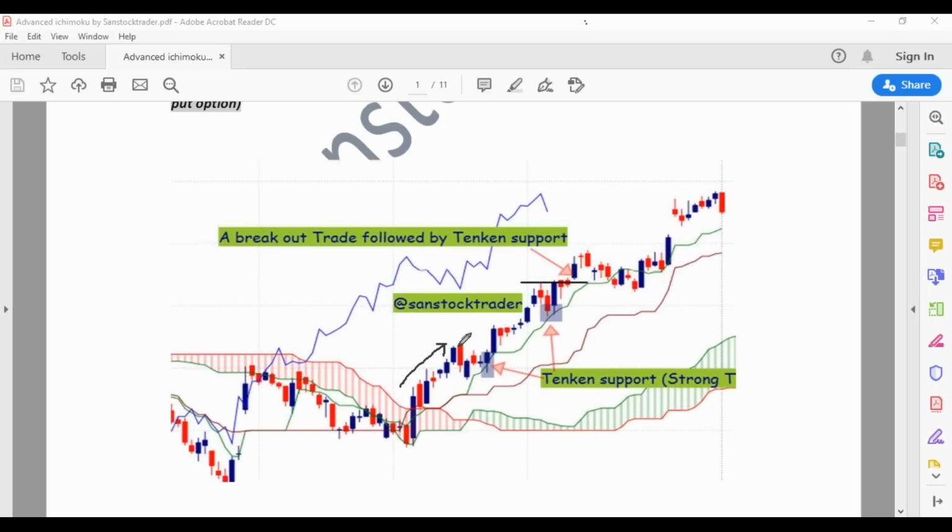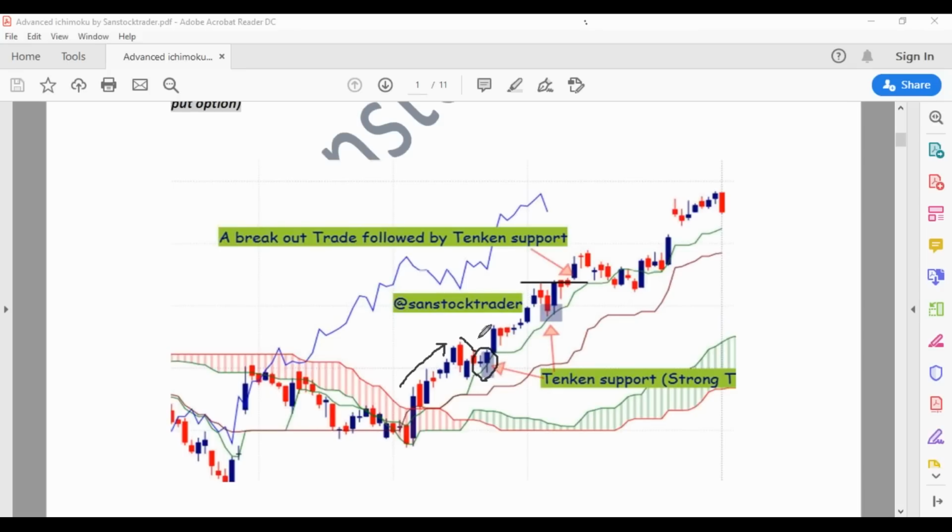Now observe, here price retraced back, a small retracement, and price took support and bounced from the Tenkan-sen. At the same time, price has not touched Kijun-sen. That means the demand is so high that it's not letting price even come to Kijun. That's the first time, so this is the first bounce.